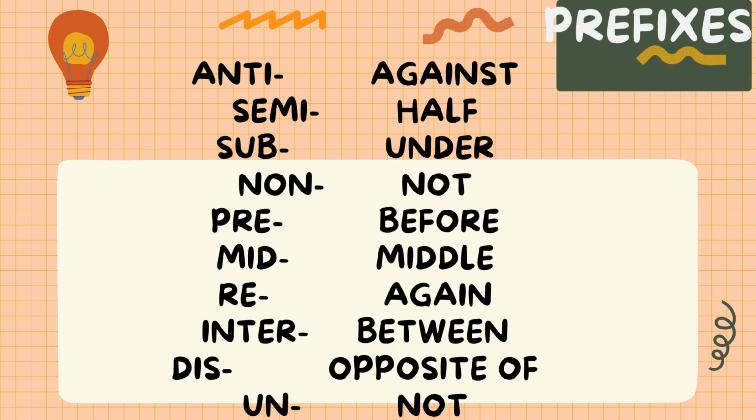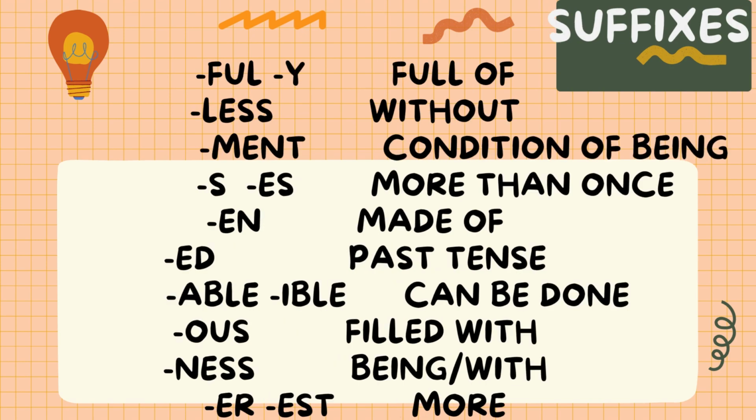Let's take a look at a few more examples so we can have a better understanding of affixes. These examples are suffixes. The first example is ful, or y, means full of. Less, without. Ment, condition of being. S or ES, more than once.